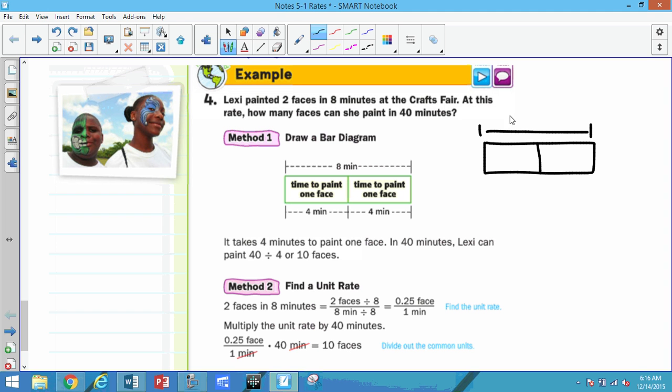So this is 8 minutes. Okay, and you're trying to find out how many can she paint in 40 minutes. So you need to come up with your unit rate. Okay, so if the whole thing is 8, these are also the faces she paints.